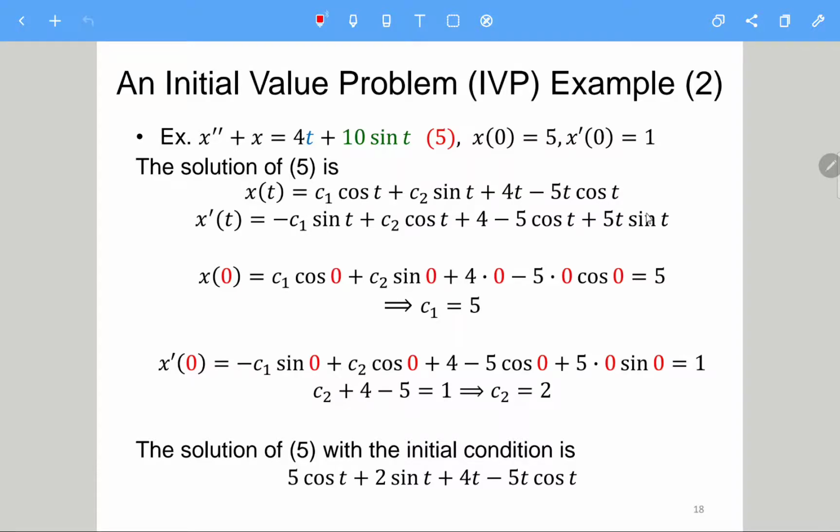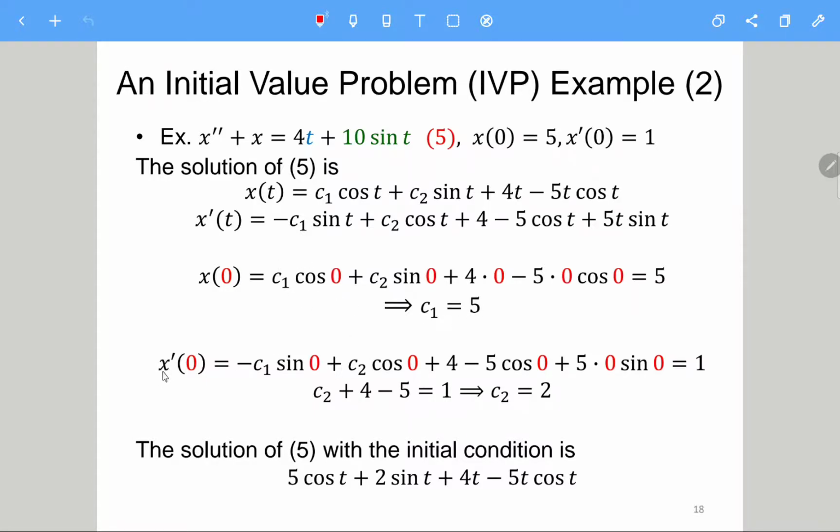Okay, so now we have x of t and x prime of t. Now we can evaluate x at 0 by substituting t equals 0. We have c1 cosine 0, c2 sine 0, 4 times 0 minus 5 times 0 equals 5, so we find that c1 is 5.